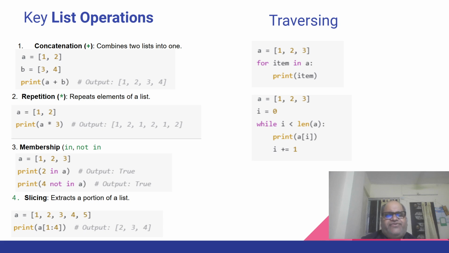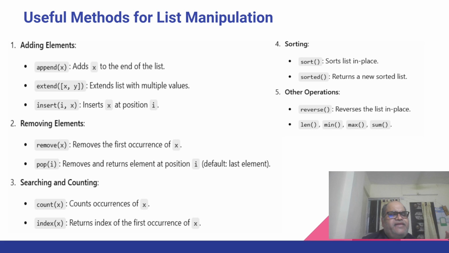Or you can initialize I to 0 and write a loop from I, which means 0 till length of A. You can print individual items, or you can modify your index to the next one. So in this slide, we looked at key list operations, that is plus, repetition, membership test, and slicing, as well as a couple of loops to traverse the list.